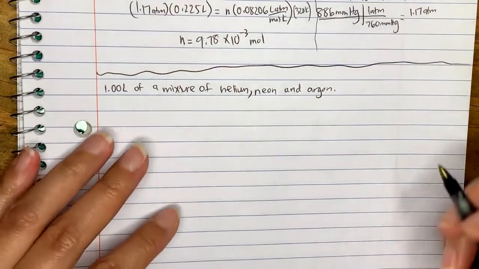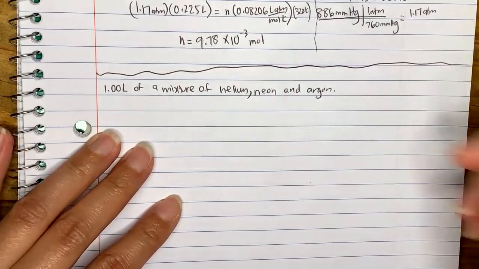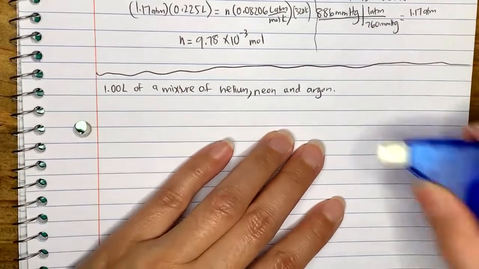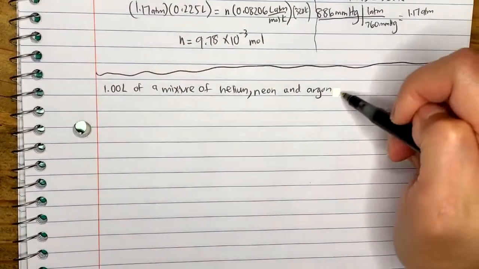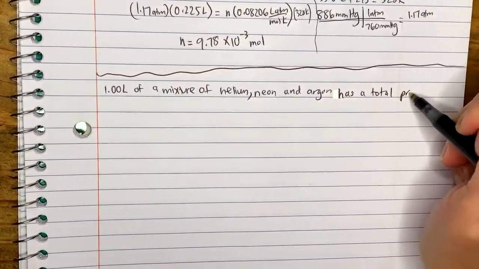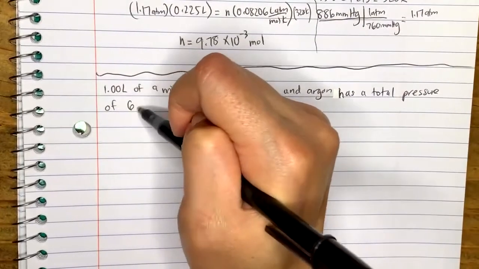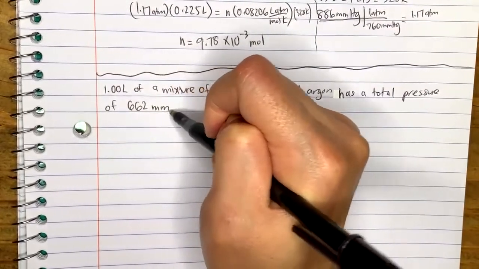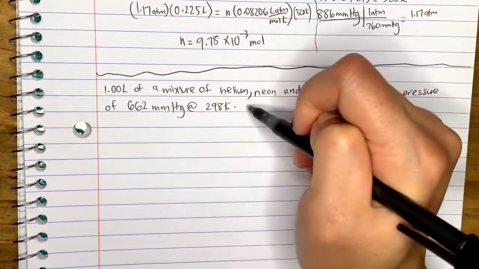All these gases have a total pressure of 662 millimeters mercury at 298 Kelvin.